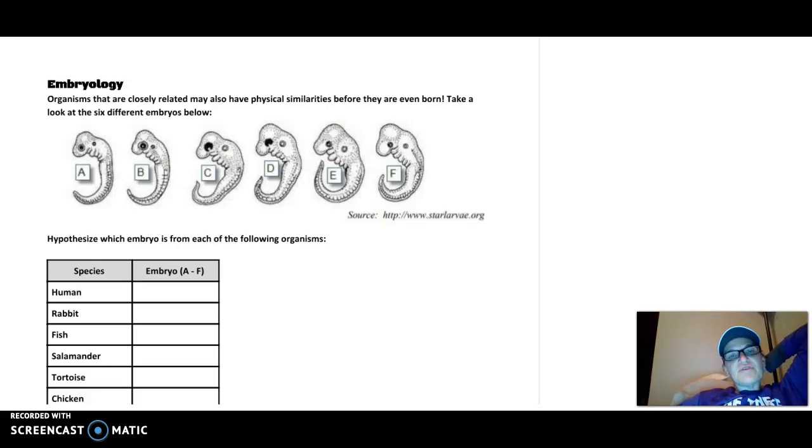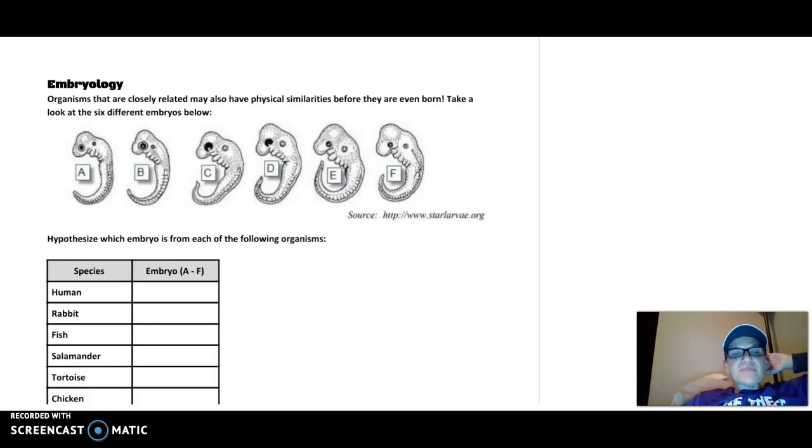When you show them together, you can see slight differences, but you can also see such great similarity. One of these embryos is of a human, one is of a rabbit, a fish, a salamander, a tortoise or a turtle, and a chicken, so it would be a bird.